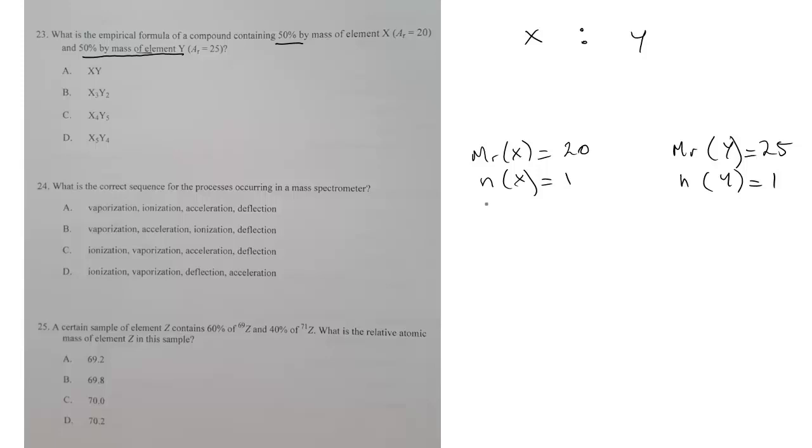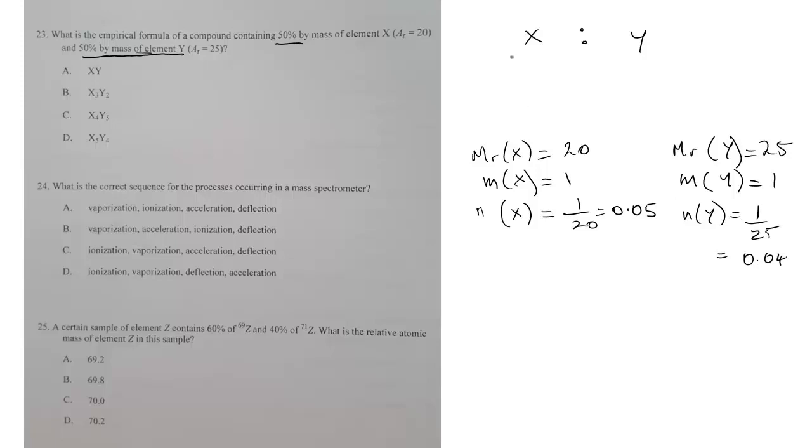Okay, so what we can do from there is, whoops, I'm sorry, I'm going to change these to masses, not moles, because it does tell us that the mass of X and mass of Y is the same. So I'm going to find the mole of X, which is 1 over 20, 0.05, and the mole of Y, which is 1 over 25, which is equal to 0.04.